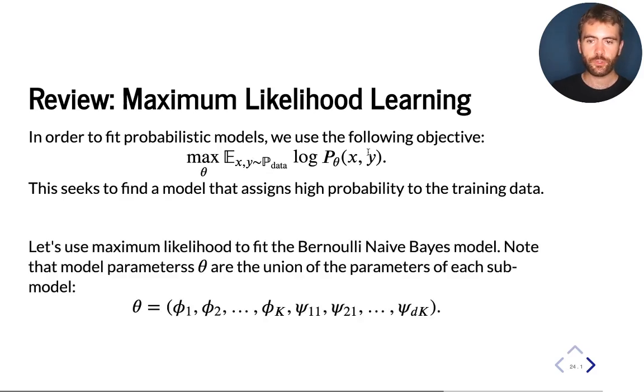And here we're going to apply this principle to fit our Bernoulli naive Bayes model. Just to make things a little bit more concrete, our set of parameters theta is going to be the set of all the phi's and all the psi's that we have. So all the parameters of all the distributions that we have seen earlier, all of these together correspond to the model parameters theta.